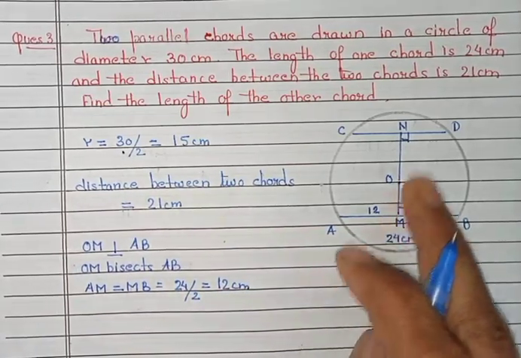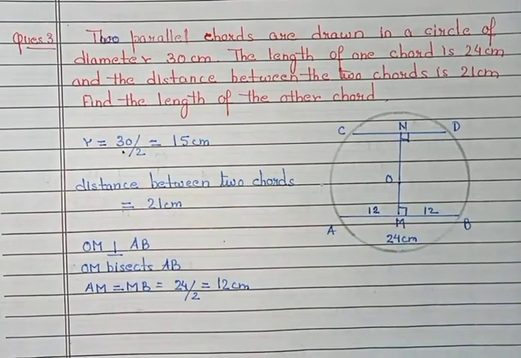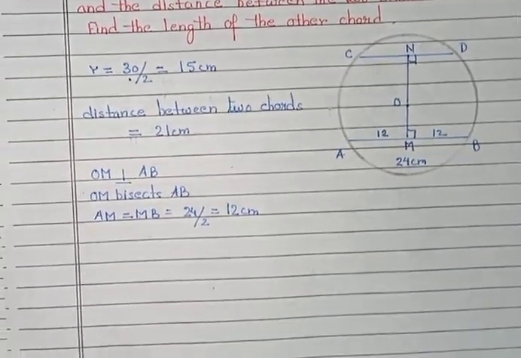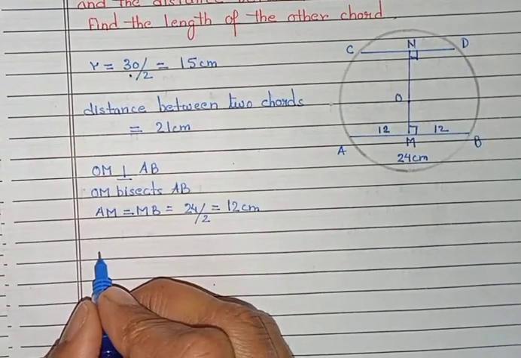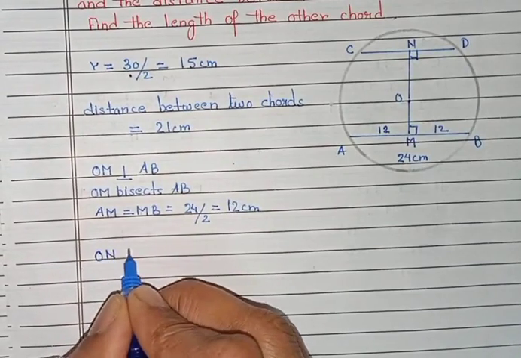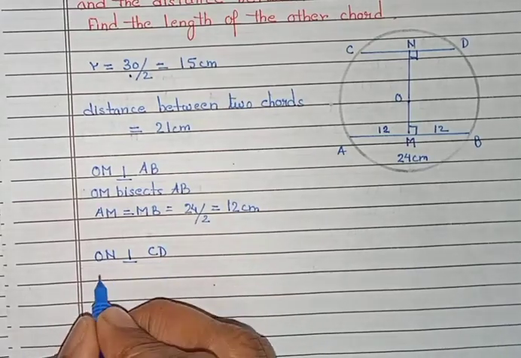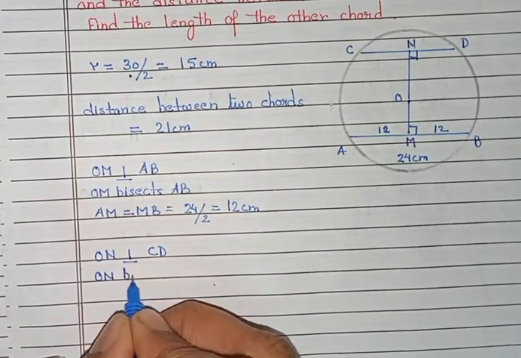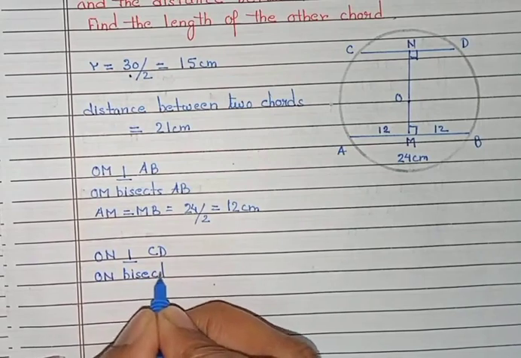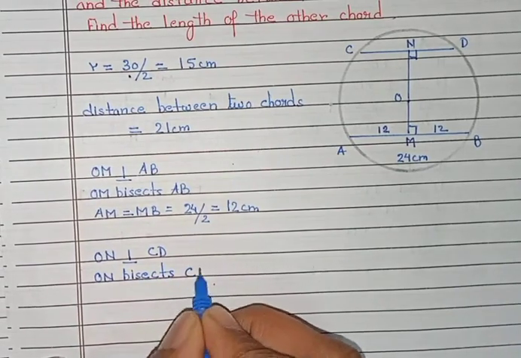Similarly, we are dropping a perpendicular on the second chord CD. So this second perpendicular, that is ON, it is perpendicular to chord CD. So ON bisects CD.